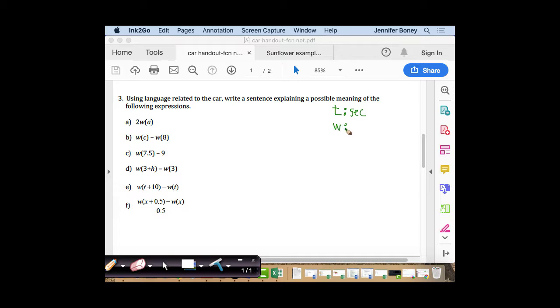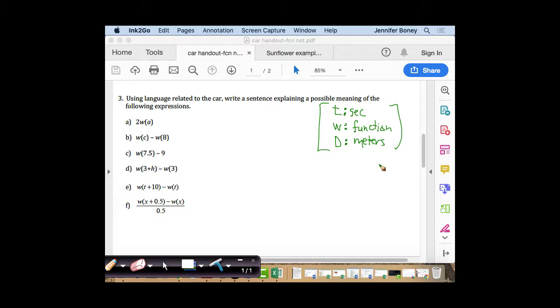W is the function that relates d and t. D is the distance traveled measured in meters that the car has traveled based on seconds that it's traveled. So these are just a brief recap of what's up above since we can't see it at the same time. So those are just the units on those. W doesn't have units, it's a function relationship.